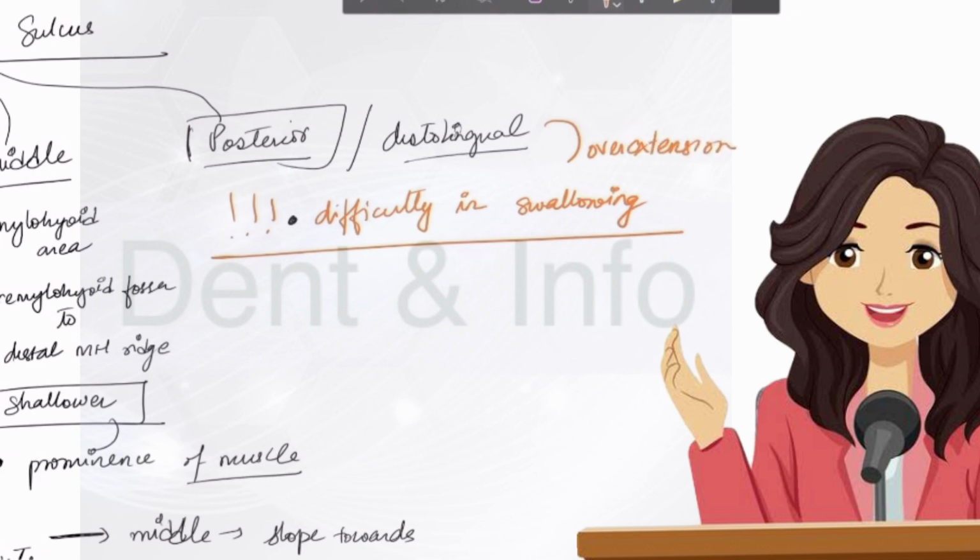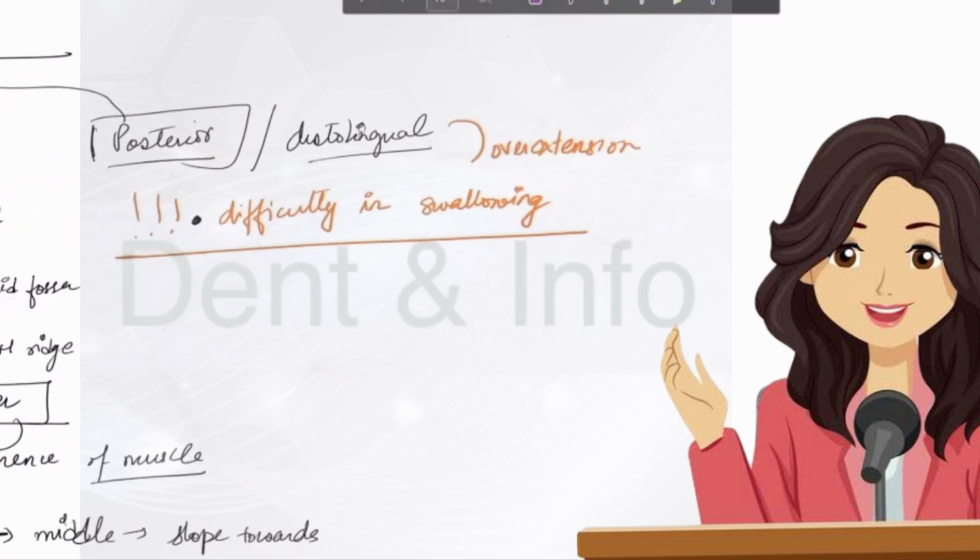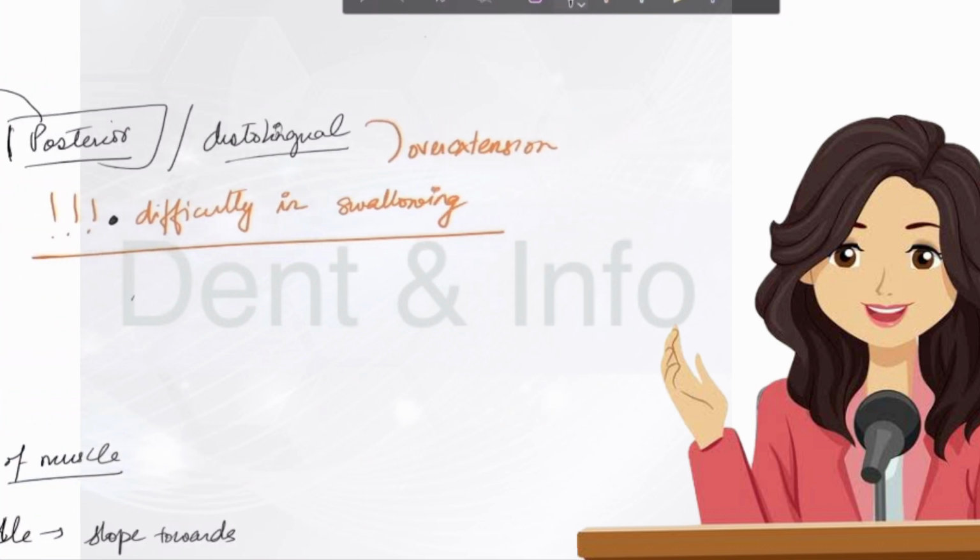So why does this happen? Let's understand the anatomy here first, right? So anatomically, this is the retromylohyoid region. Why retromylohyoid? Because it is located behind the mylohyoid ridge. So that is why it is called the retromylohyoid region.